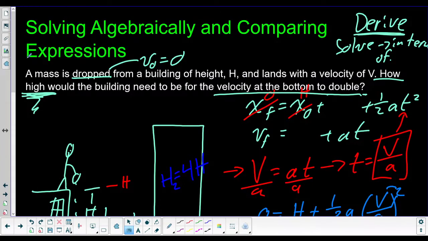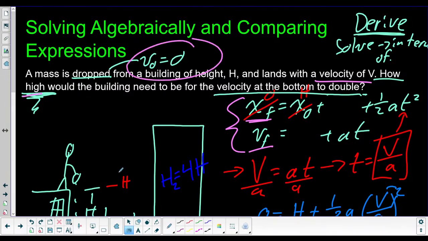Let's take a step back, look at what we did. Okay. We started with writing down the two equations we know that relate to the variables we're interested in, velocity and how high, which would be a displacement or a position. Okay. We read the problem.